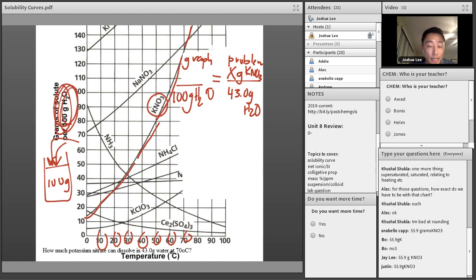So if we look at potassium nitrate, we look at 70 right here. We go all the way up, and we see that it crosses right there, which is 120 grams. Then at that point, however you like to do math, a lot of you will cross multiply.